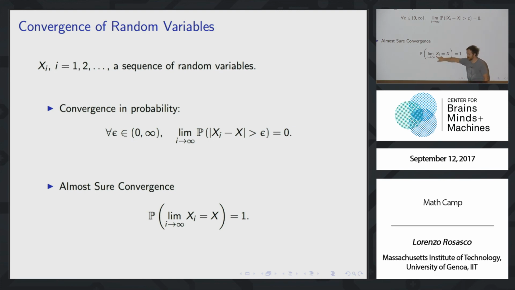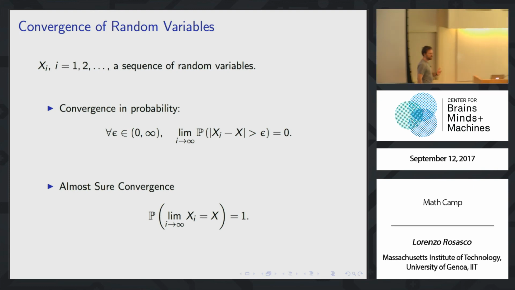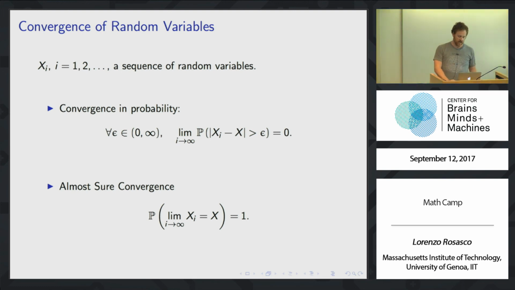It says that the fact that this goes there is certain, rather than the probability becoming smaller and smaller and disappearing. This is what is called convergence in probability, or weak convergence, and this is what is called strong convergence, or almost sure convergence. There's something similar to weak convergence of functions, or sequences, and pointwise convergence, or almost sure convergence.